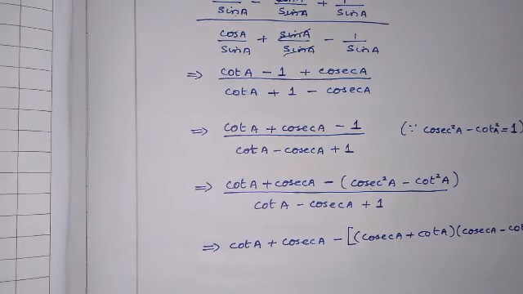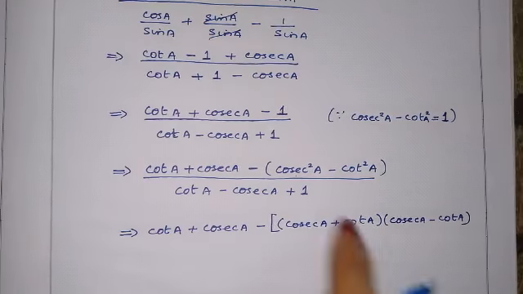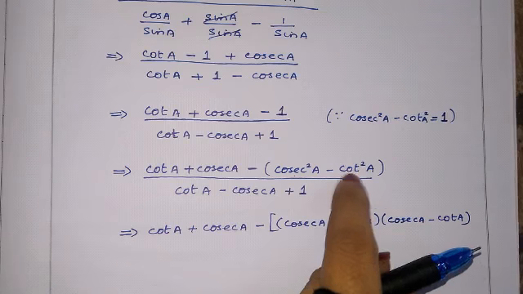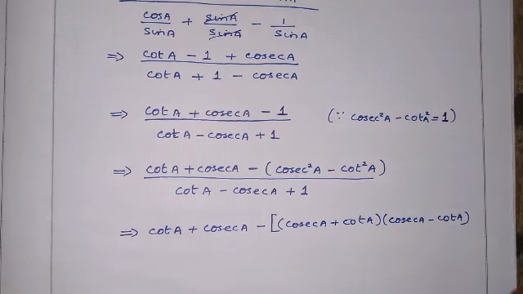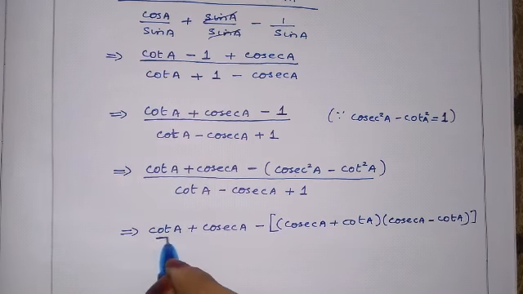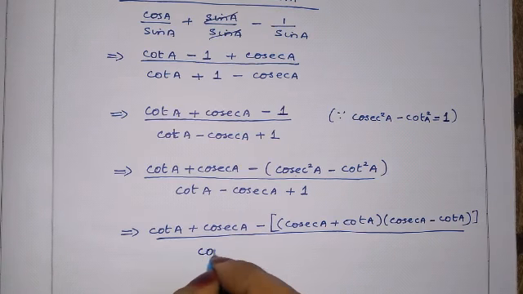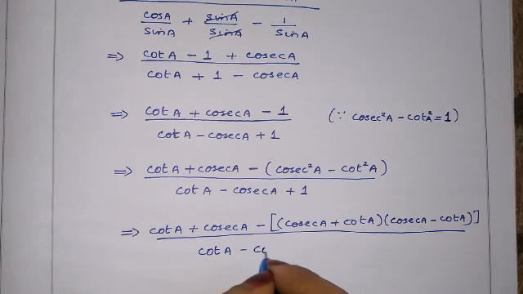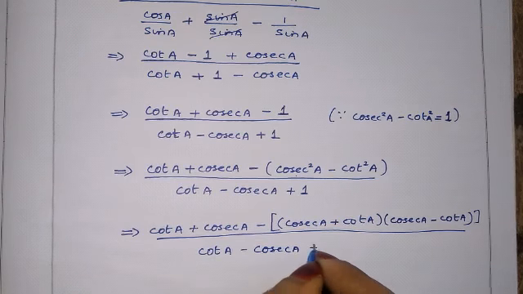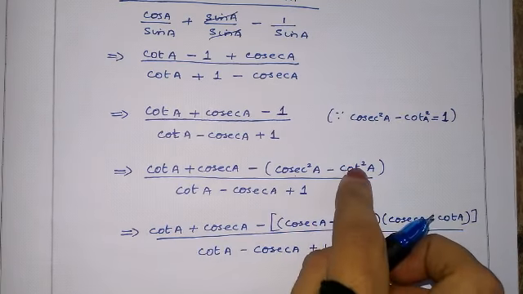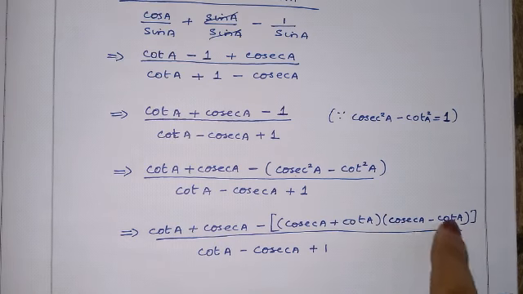So I have written a plus b, a minus b for a square minus b square, upon the denominator as it is. I am not changing anything in the denominator: cot A minus cosec A plus 1.